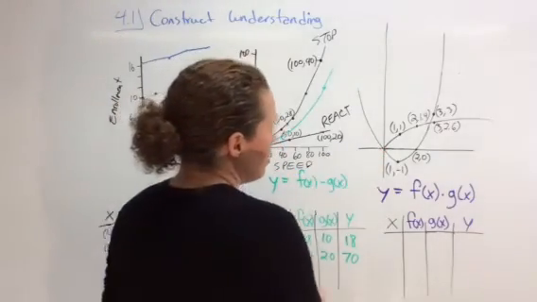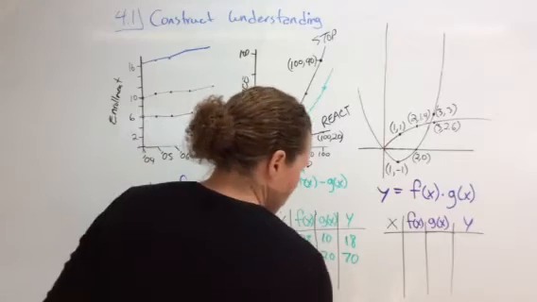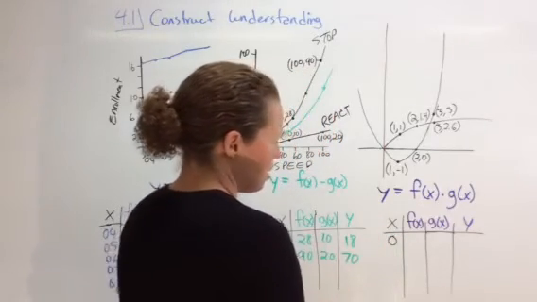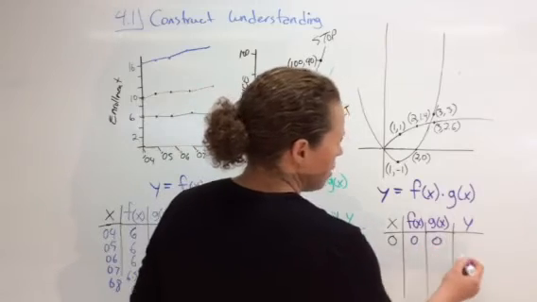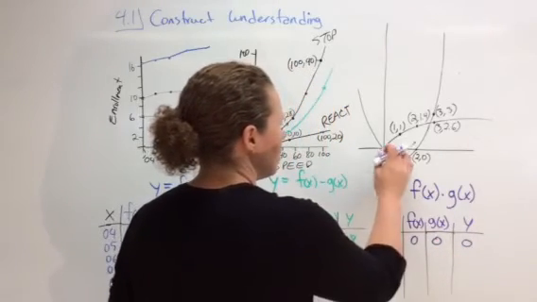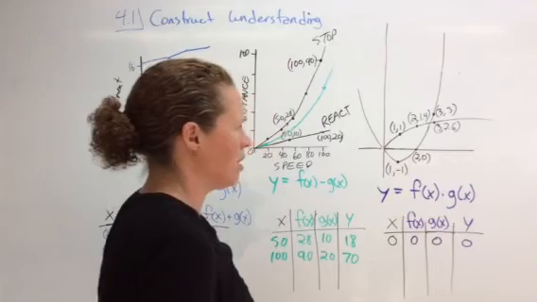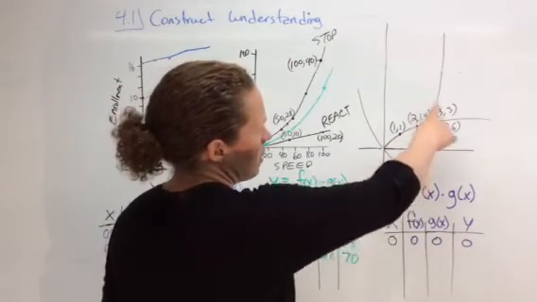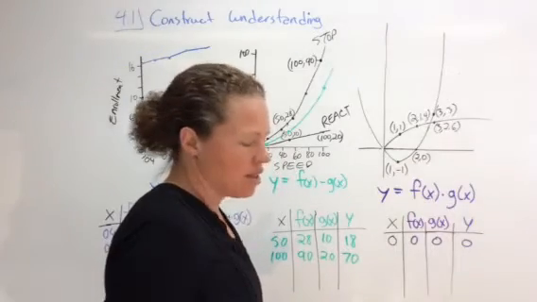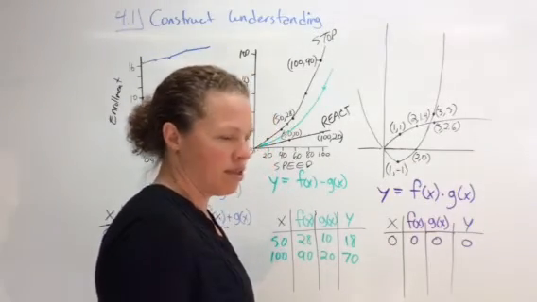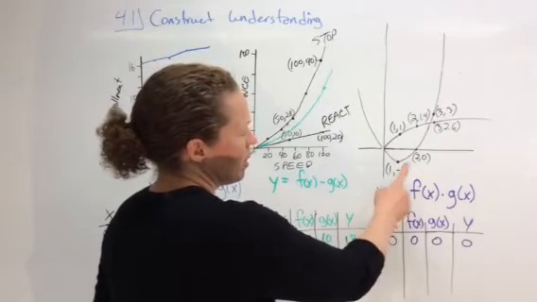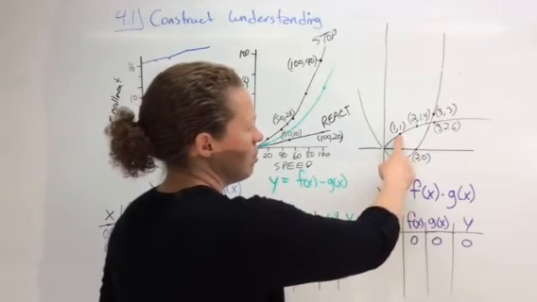And I know that my first point is 0, 0 for each of them. So where x is 0, each one of these is 0. So my new y point is 0, and that's where that one's going to start. And then I just looked at the graph and figured it out, and you can just read it off the graph. It doesn't have to perfectly hit the crosshairs of the graph. You can estimate. That'll be fine. So this one does hit the crosshairs perfectly at 1 and -1 and 1 and 1.